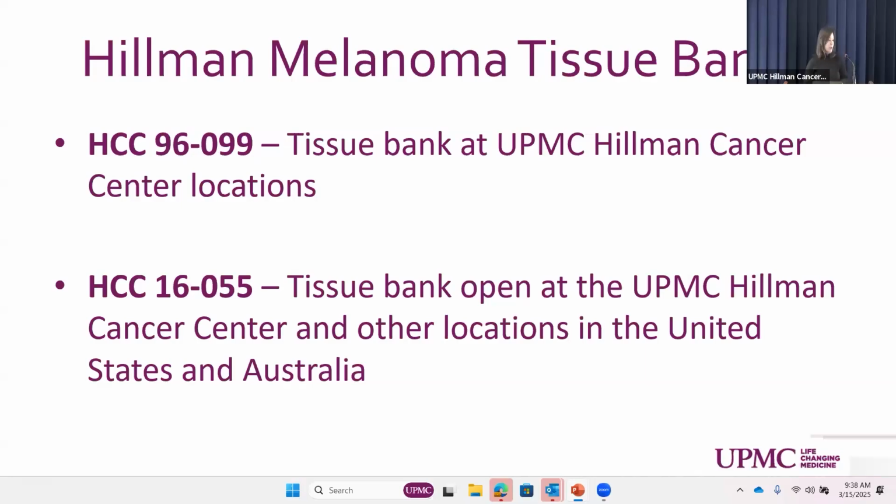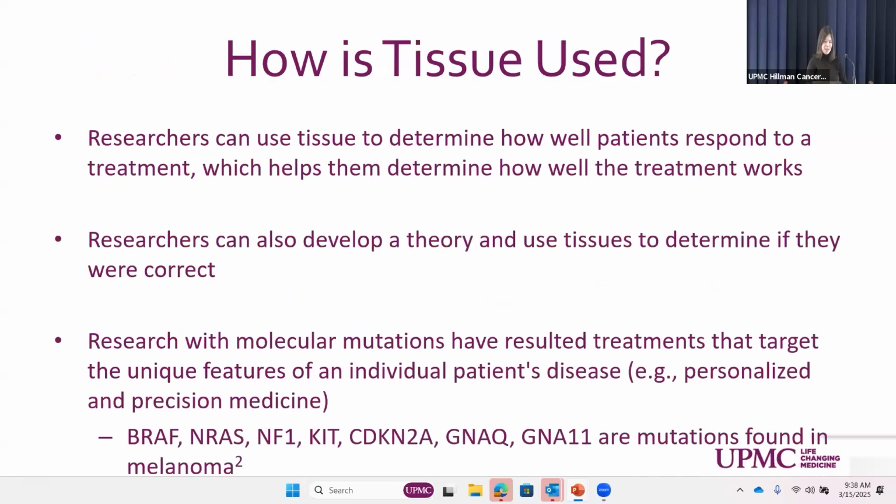This is open here at Hillman and also across locations in the United States and Australia. Again, we need lots of samples. If we open these tissue banks across different locations, we can increase the speed of collecting the samples and the number of samples. And 16055 is graciously supported through AIM at Melanoma. So thank you to them for that.